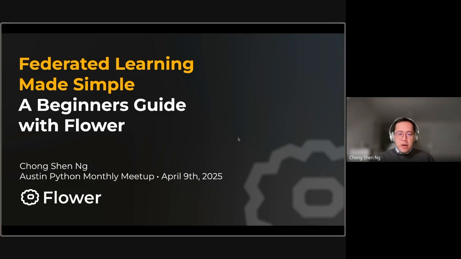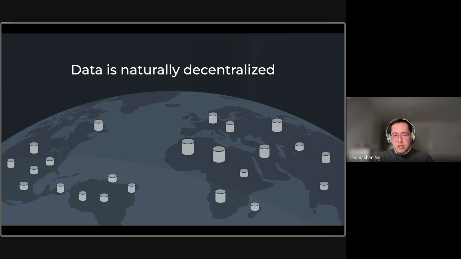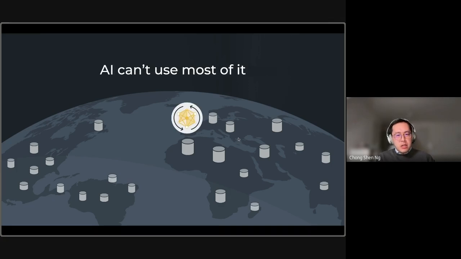Cool. I'll start off by asking the question: why federated AI? What's the motivation behind this? Well, we know that the data around the globe is naturally decentralized, and AI can't use most of it because of this decentralized nature of the data.